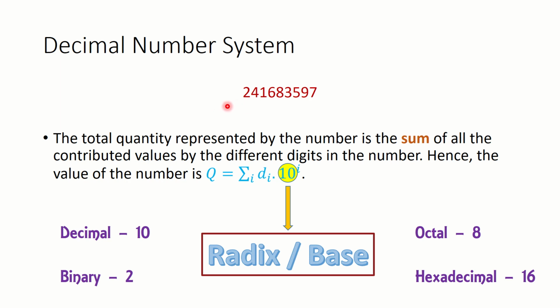By number I mean this ordered set of symbols. Even though the ordered set of symbols remains the same, the quantity or value represented by it will change when the number system changes. For decimal it will be something, for hexadecimal it will be something else.